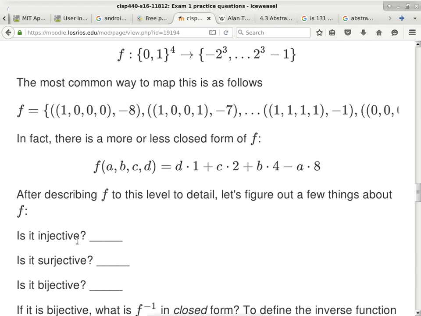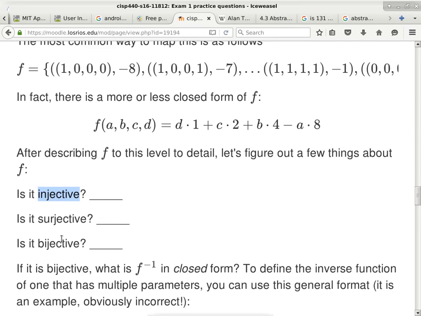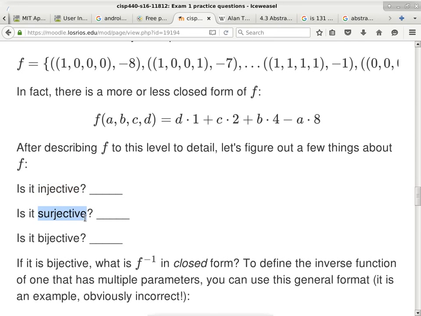So the first question is, is this function injective? In other words, every element of the domain gets to map to a different element in the codomain. Yes, it is injective. Is it surjective? In other words, do we use up all the elements in the codomain? It is surjective, and as a result, it is bijective, because a function is bijective if it is both injective and surjective.